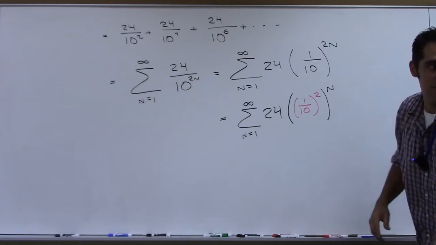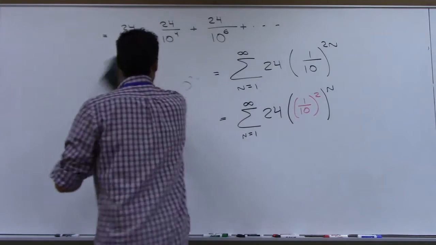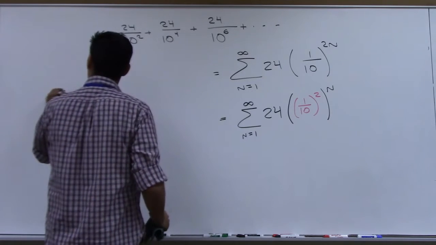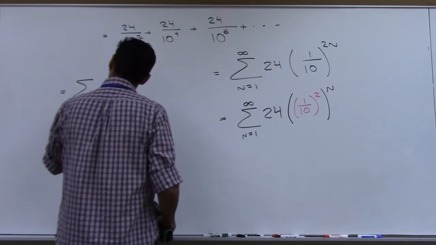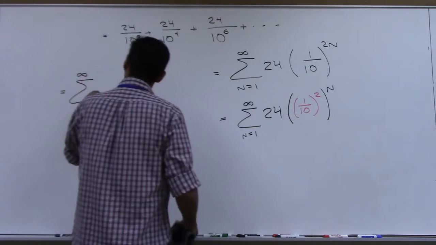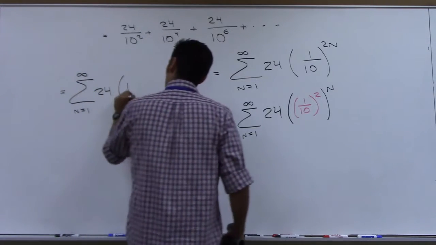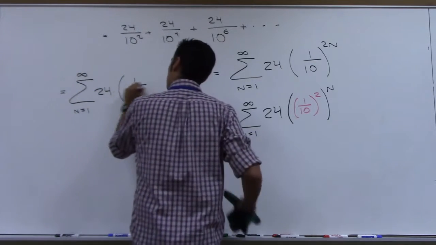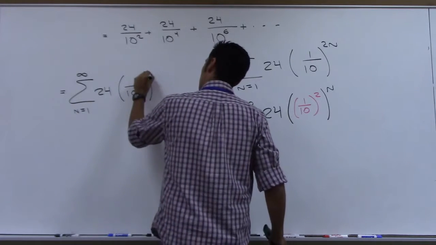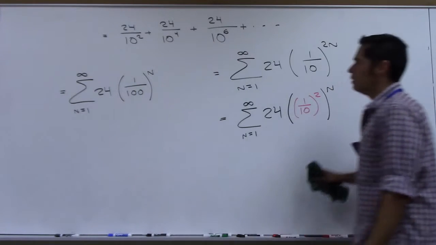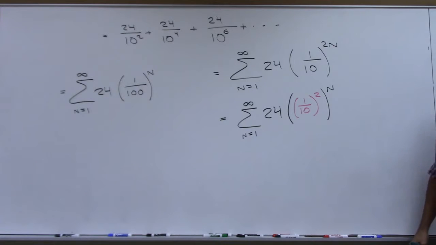Yeah, now we can do the minus 1 plus 1. But I'm going to do one more line. You see n equals 1 to infinity. We've got 24, we've got 1 over 100 to the n, changing that red thing into 1 over 100, and then the minus 1 plus 1.